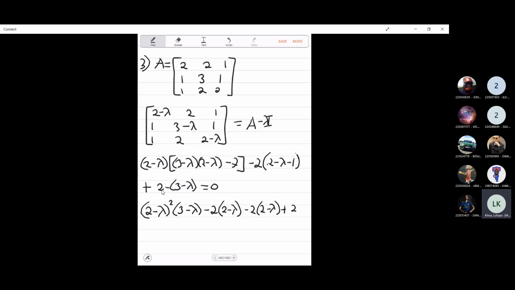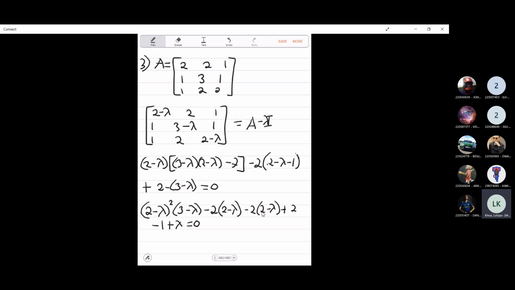And then here I can just remove the brackets. So I will have 1 minus 1 plus lambda, minus 1 plus lambda. And this is equal to 0. Okay, I can combine these two.